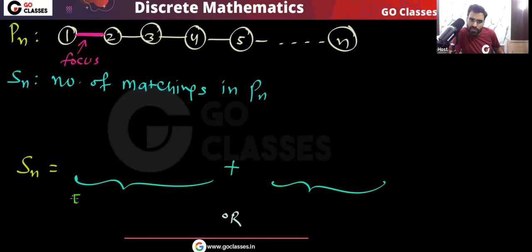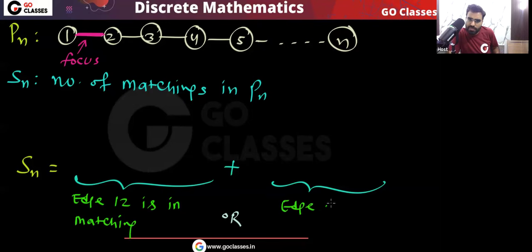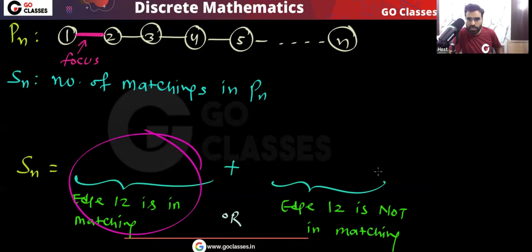Either this edge 1, 2 is in the matching, or this edge 1, 2 is not in the matching.